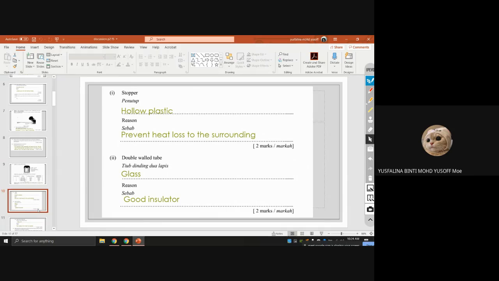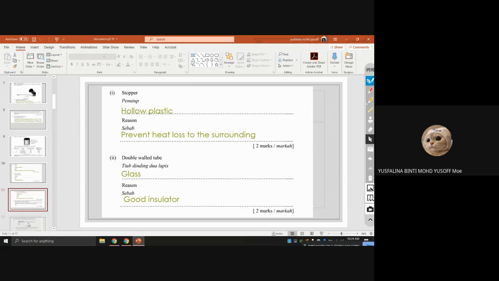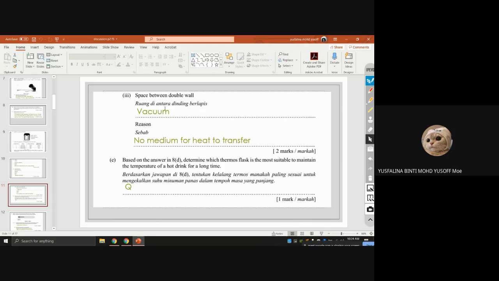Number two, the double wall tube should be glass, a good insulator. Next, the space between the double wall is vacuum, so there is no medium for heat to transfer to the surrounding.